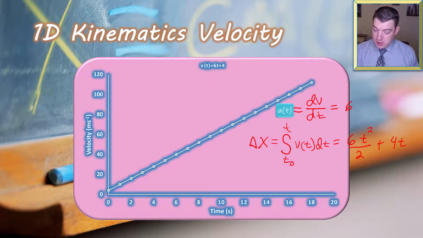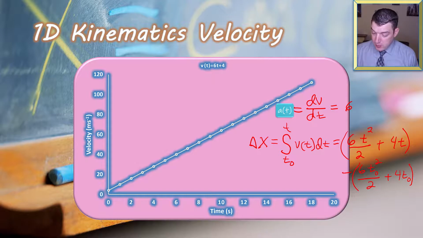Again, we can put in the values, so this would be plus c, so if we do t final and then subtract from that 6 times t naught squared divided by 2 plus 4 t naught, we see here the definite integral.